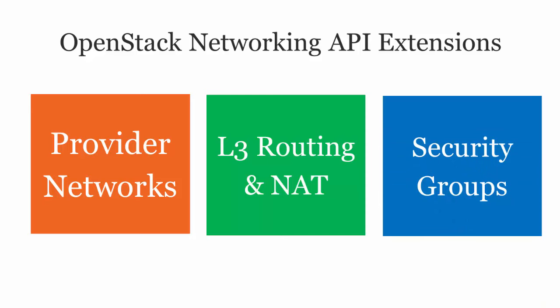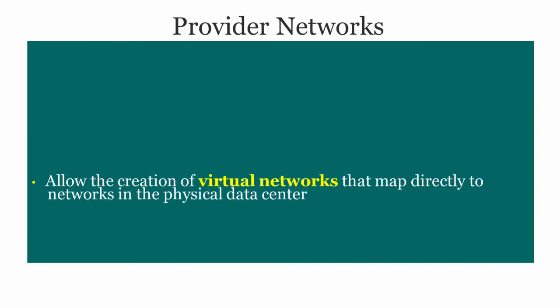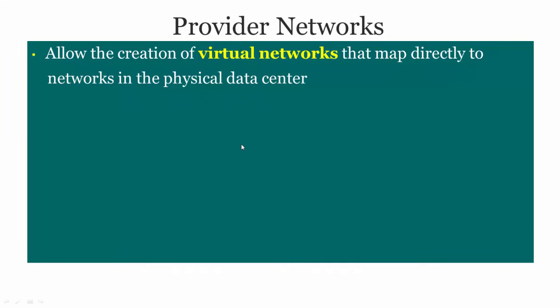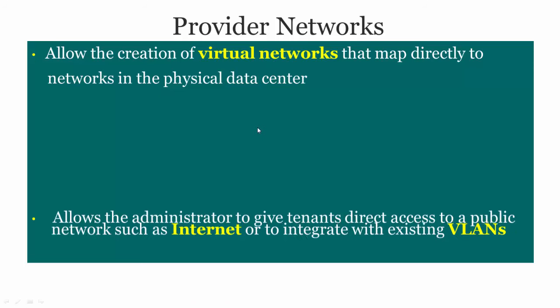Okay, let's check one by one. First, the provider networks. Provider networks are virtual networks, and these virtual networks need to map directly to a network in the physical data center. Each data center must have physical networks, and these must be connected to the virtual networks created by the providers.